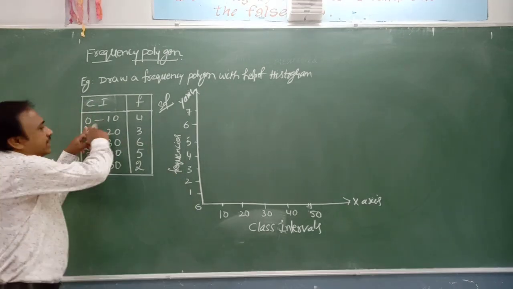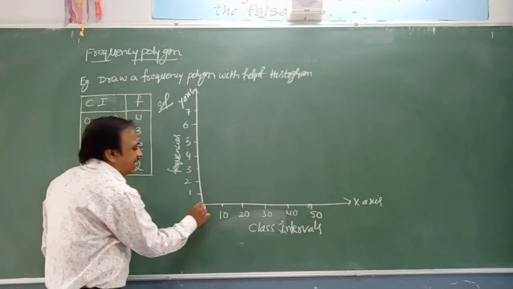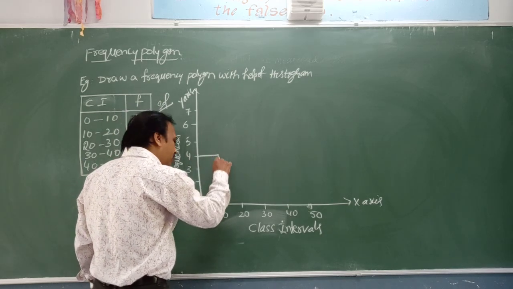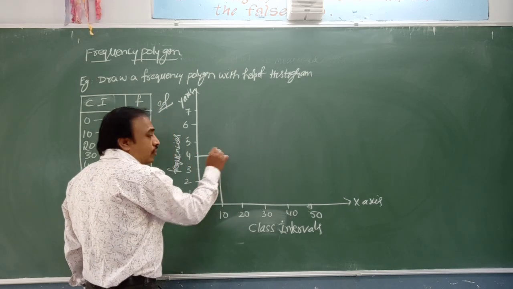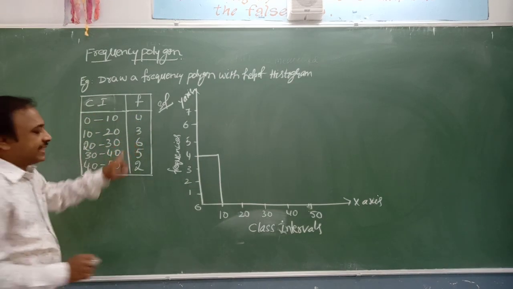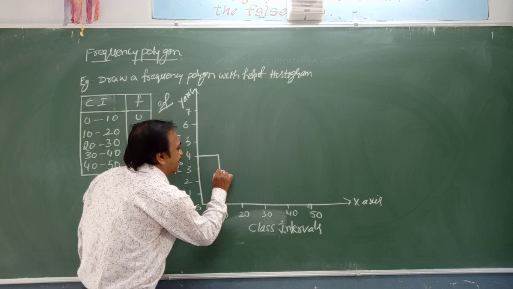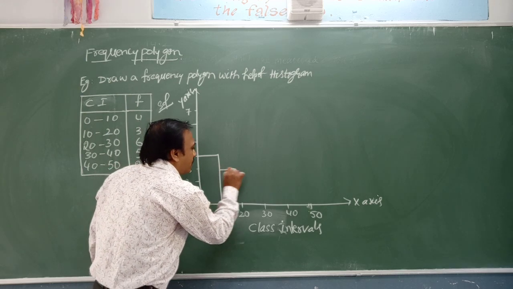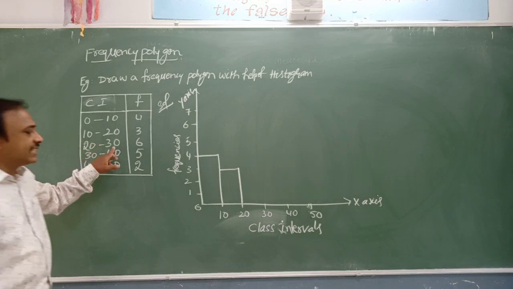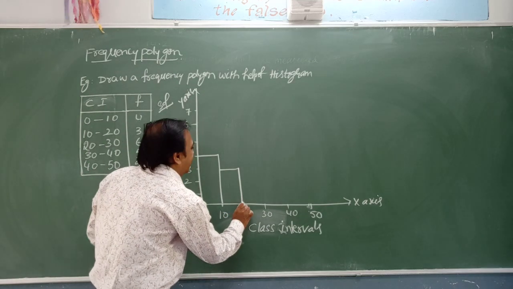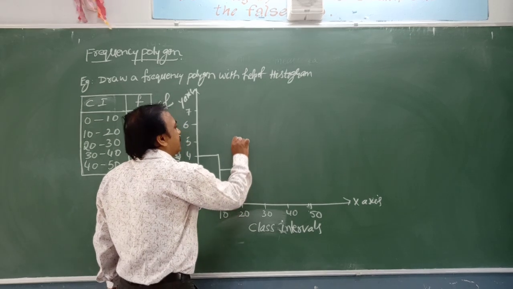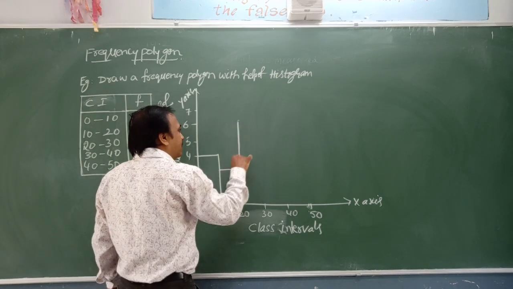Now 0 to 10, the frequency is 4. Next 10 to 20 is 3. 20 to 30 is 6; where you have 6, that is up to here.